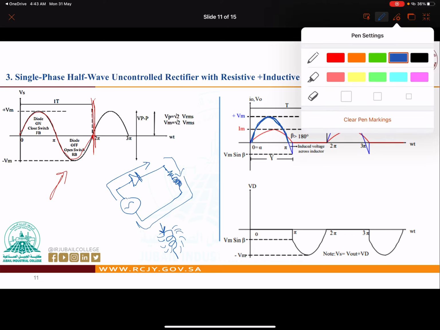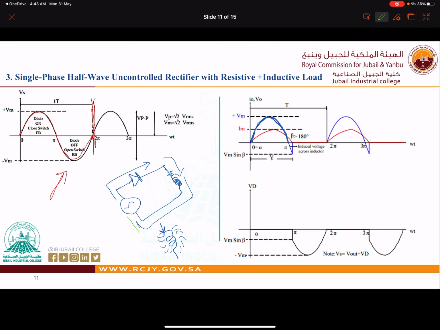For the negative cycle, of course, this diode is open circuit. Now the polarity of the inductor is going to change, and it is going to discharge and return to the supply. This is the issue of the inductive load here. It will discharge until it stops.